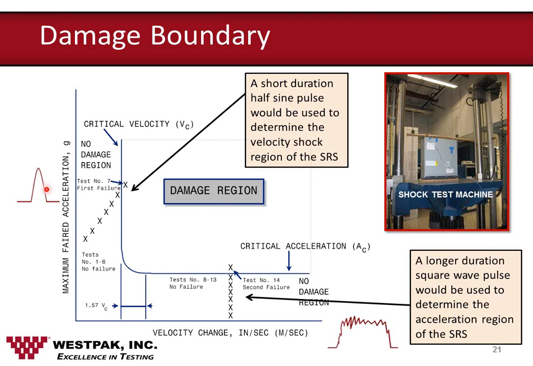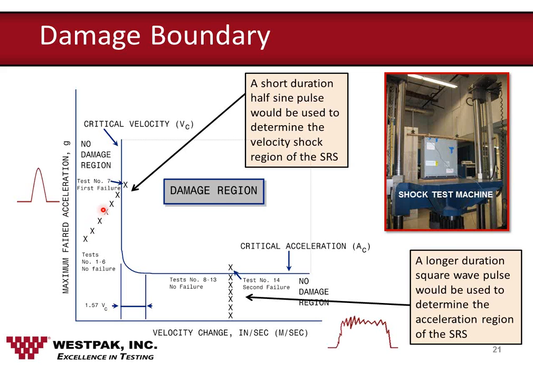The procedure calls for increasing the velocity change, or the area under this pulse, in small increments, and since the duration of the pulse is held constant, if you're going to increase the area, you have to increase the peak. So that's why these individual lines step upwards.